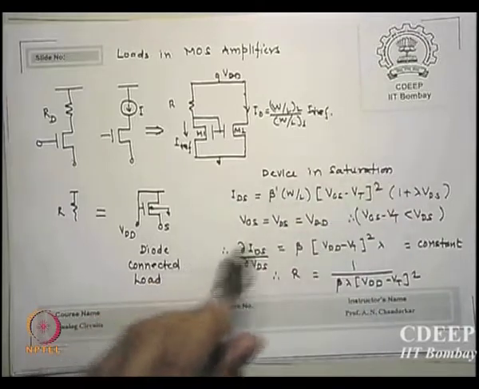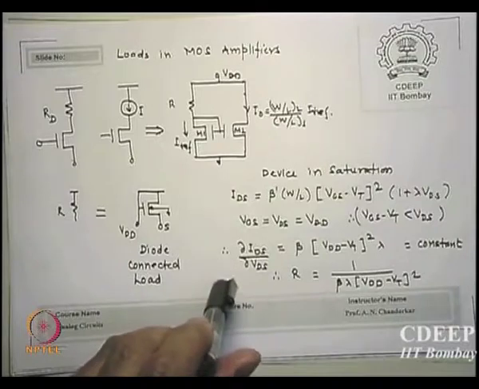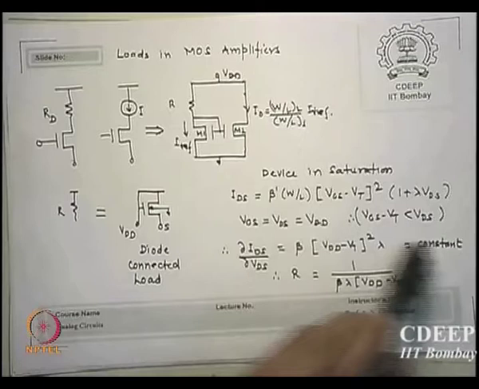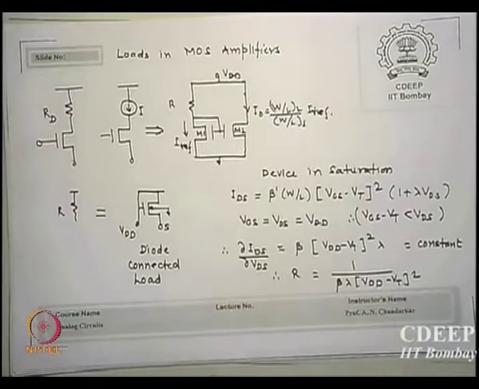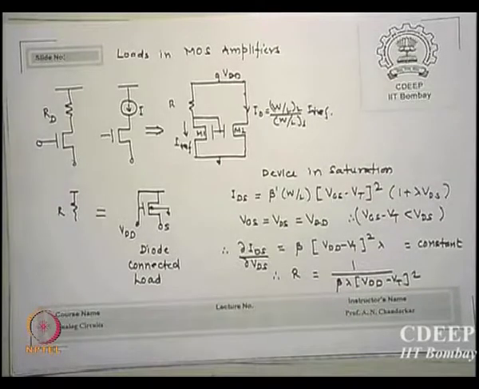If I use this, delta IDS by delta VDS is essentially 1 upon R of this. If I differentiate this, R is beta lambda VDD minus VT, is that clear? So what does beta contain? Beta dash into W by L.